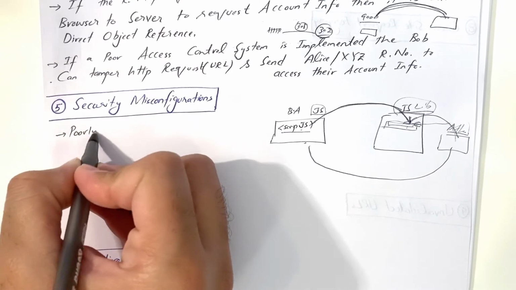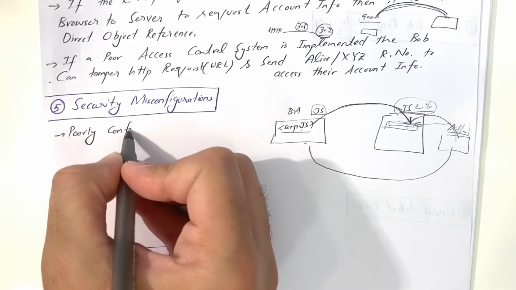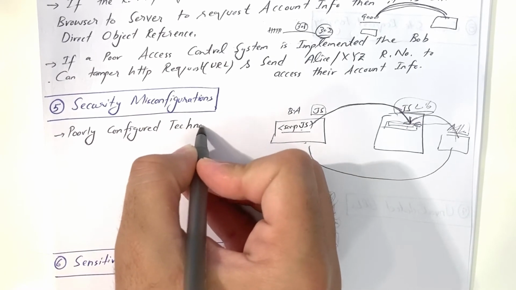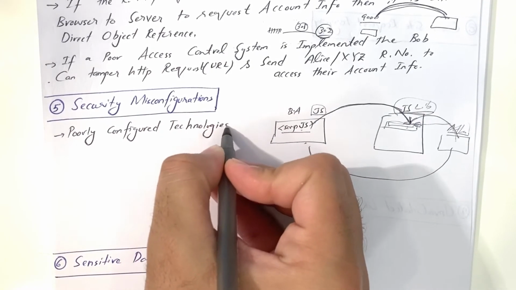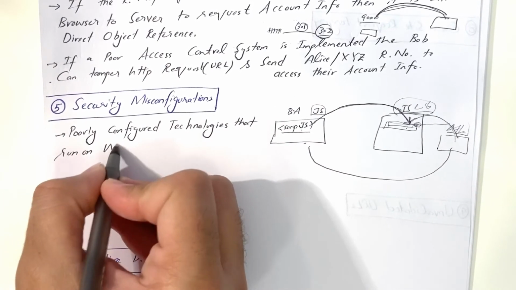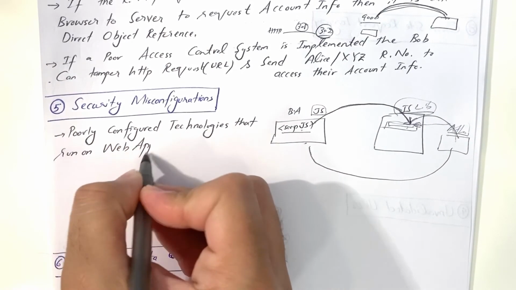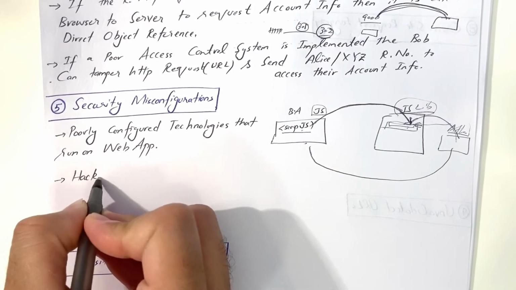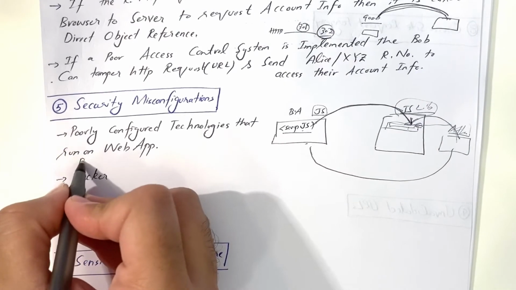Poorly configured technologies that run on web applications. As I mentioned earlier, I'm talking about the British Airways hack.